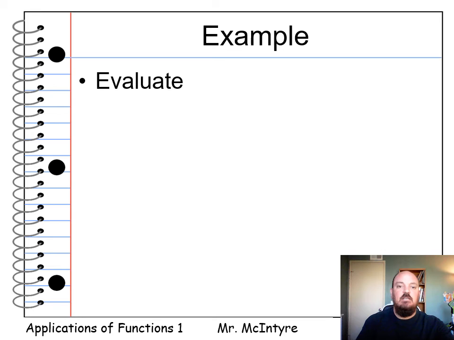Let's do one more example here. So let's evaluate this multiplication problem right here. 7ab to the 8th times 2a to the 4th. And what I see is kind of like our last example, 3 separate problems. So I'll separate them again. I have the number part first. I have 7 times 2.